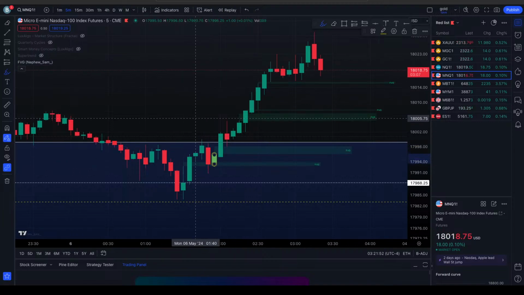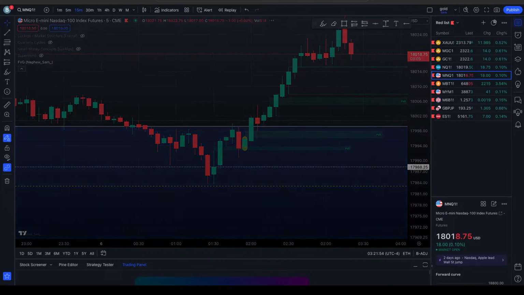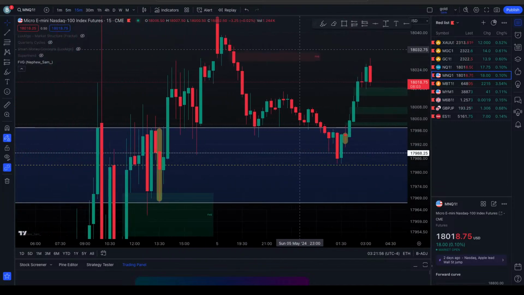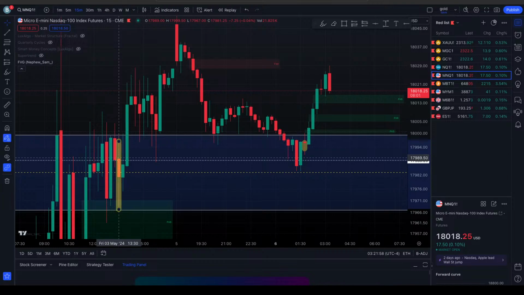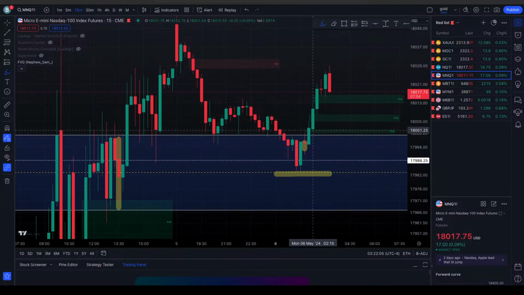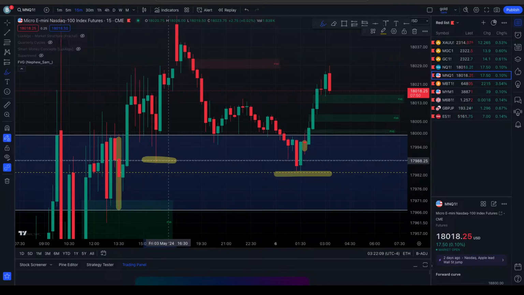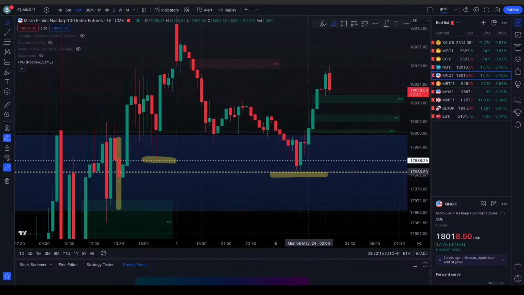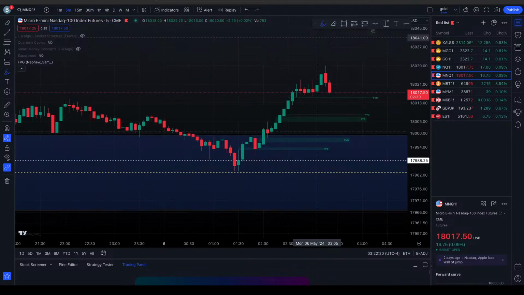So these are the steps I had: I had this order block here, and the 50 line is this line, and everything closes above it. If it closes below that, it's invalid. And there's also a previous low right here. So this broke the previous low, it stayed above here, and then that created a fair value gap on the 5-minute, which is right here.